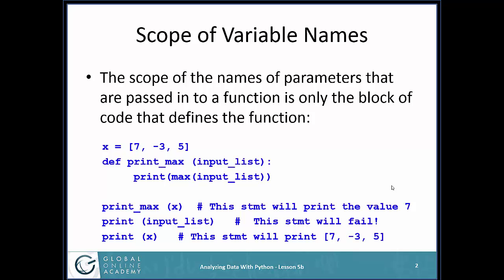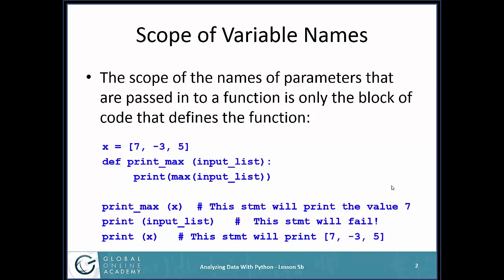I now define a function called printMax, giving it a parameter called inputList. That says there's going to be an indented block of code that I'm going to associate with the name of the function printMax, and it's going to have a parameter called inputList that is only defined inside that indented block of code. So inputList is not a variable that lives anywhere else.